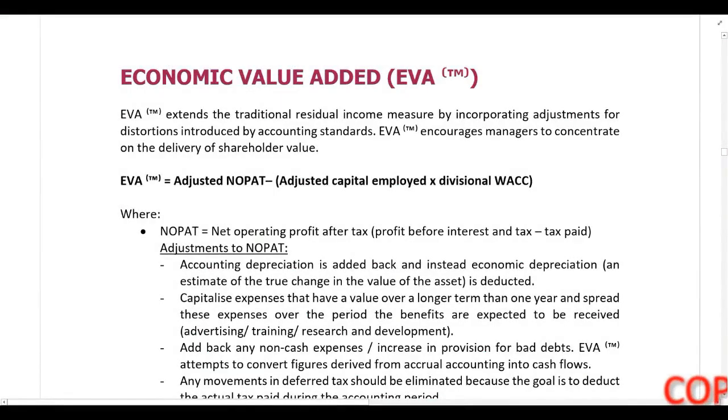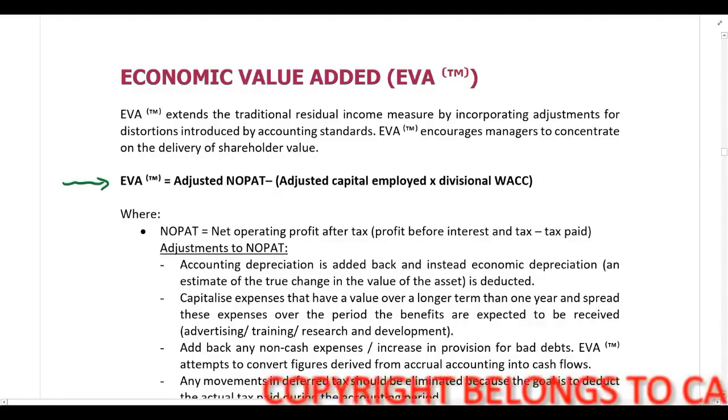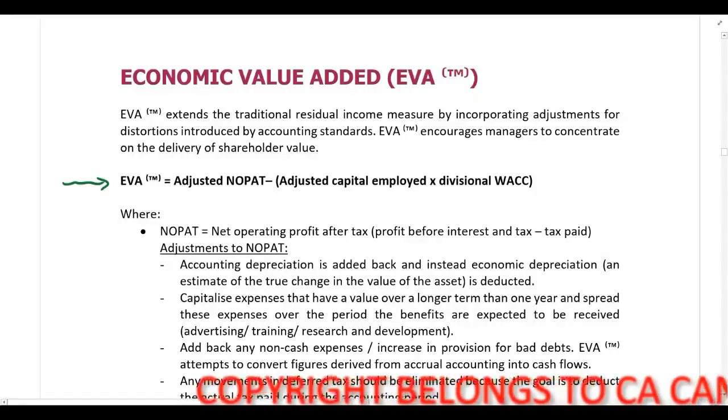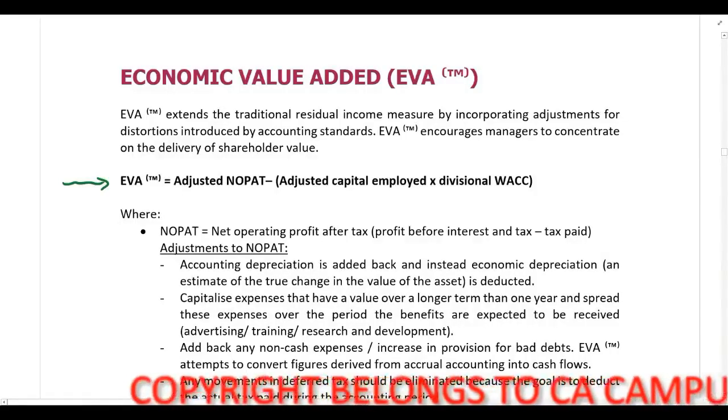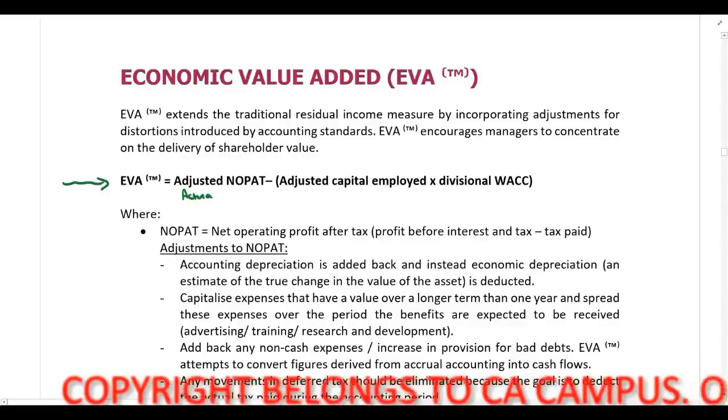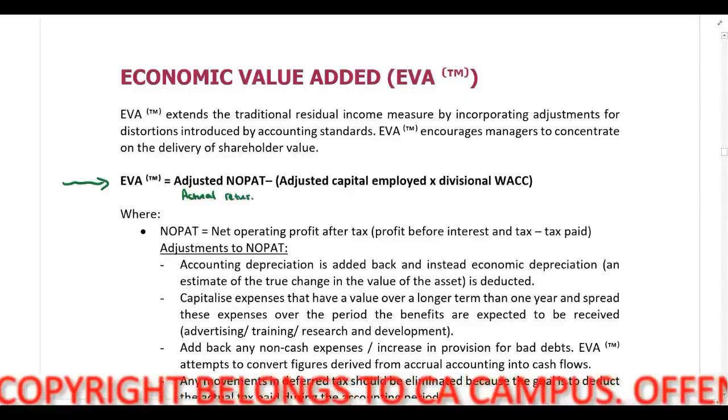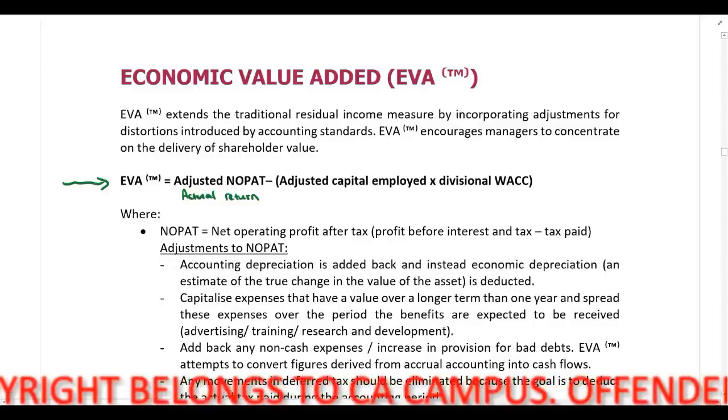We are now going to look at the calculation of economic value added, or EVA. And up front, I want you to understand that the mathematical logic of this formula follows exactly the same logic as the residual income formula. We are comparing their actual return to the minimum required return.